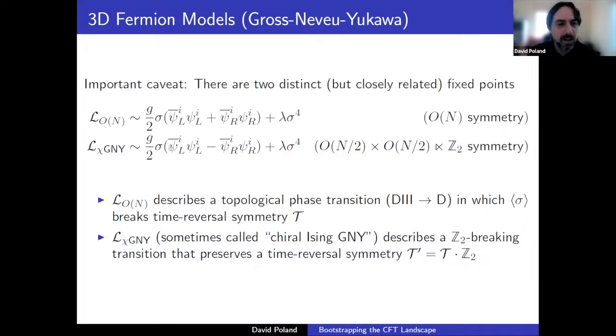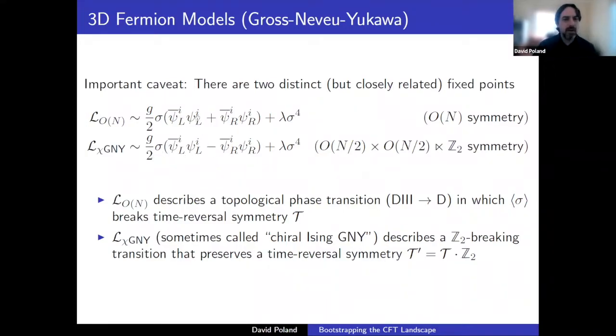In particular, one distinction I want to draw your attention to is that if you have n Majorana fermions, there are two distinct but closely related fixed points you might want to think about. One of them is where all n of the Majorana fermions have the same sign coupling to the scalar sigma. And the other is where half of the Majorana fermions have an opposite sign coupling to the other half.